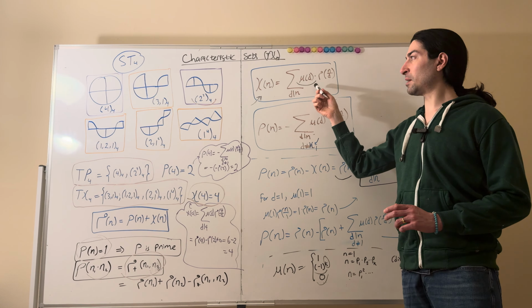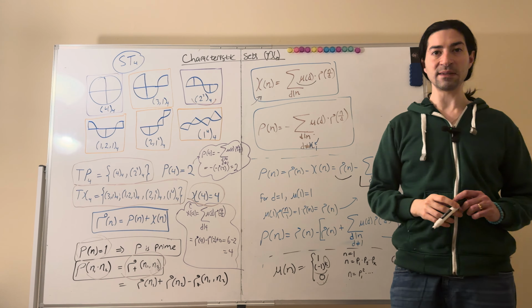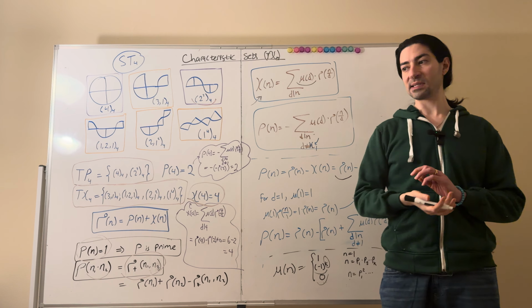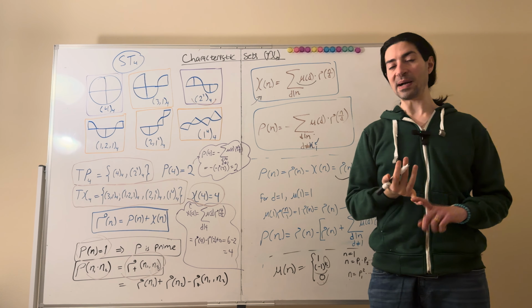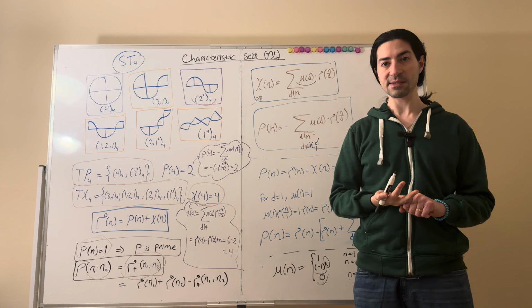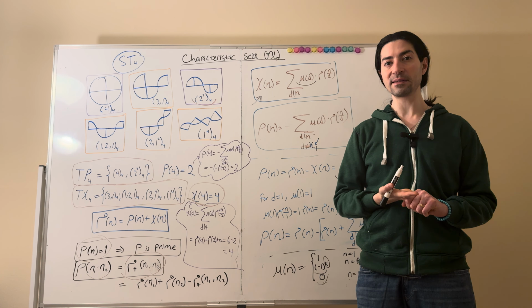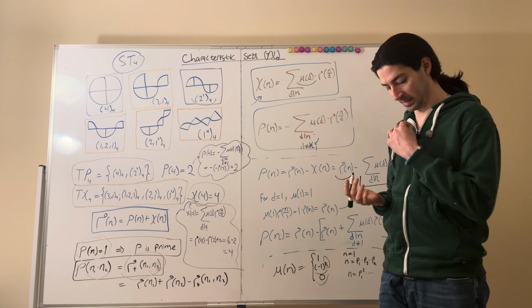Again, this formula for the characteristic sectoral set is very important in mathematics. You will see it in some applications of the zeta function, lattice structures, signal processing. So you see it appear a lot in math and physics.